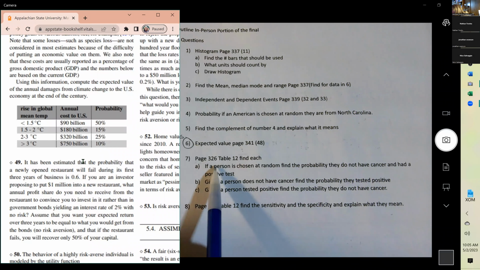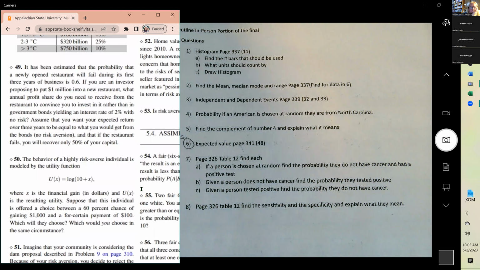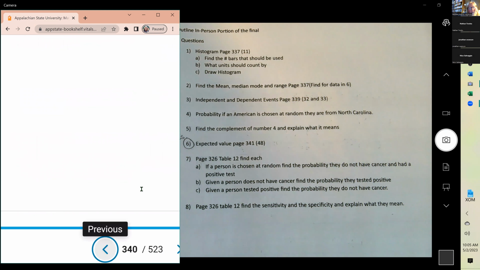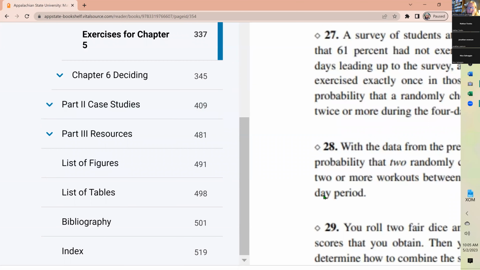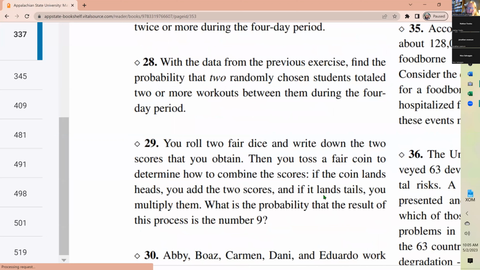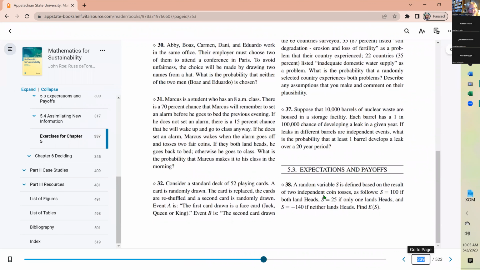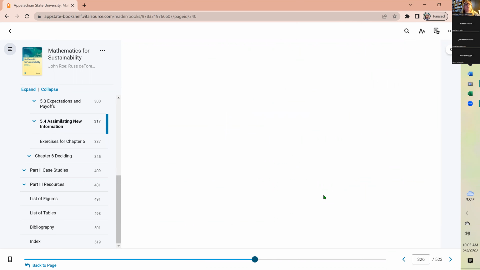Page 326, table 12. Won't let me type it. 326, table 12.